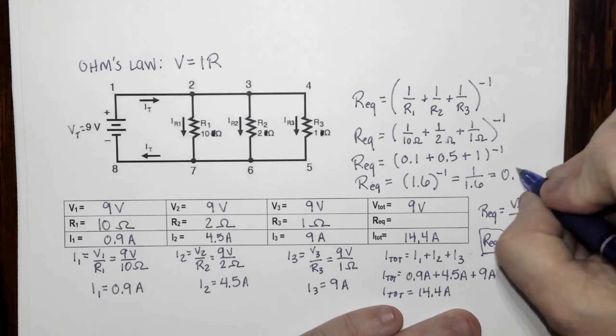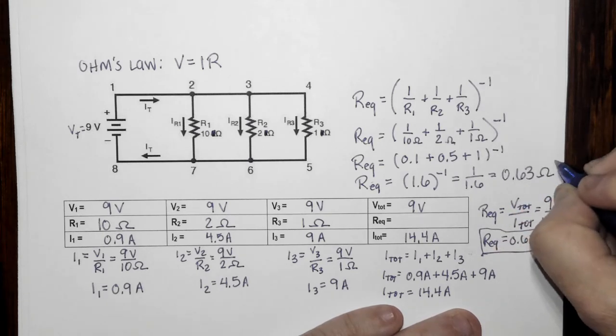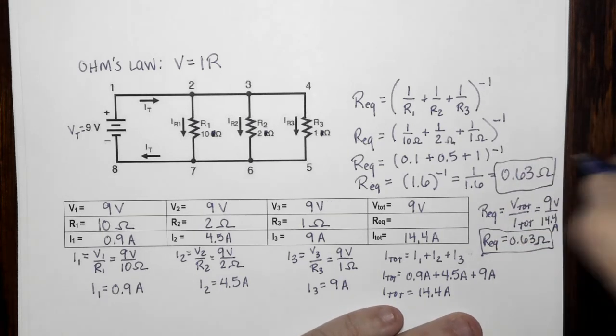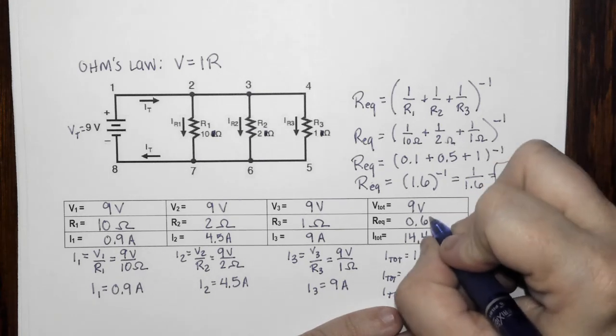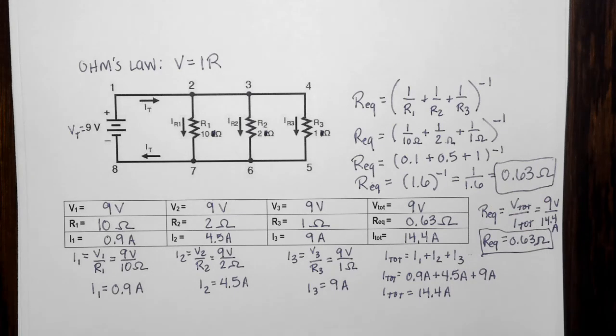So 0.63 ohms. Samesies. Good news. 0.63 ohms, and this circuit is solved twice.